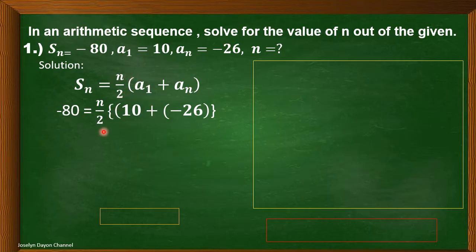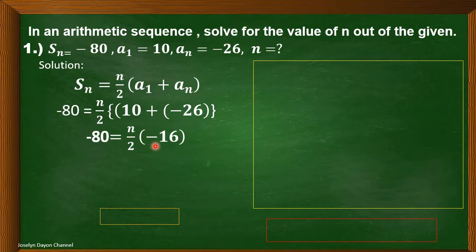Then copy n over 2. Our a sub 1 is 10 plus our a sub n, which is the last term, negative 26. Then just simplify. Copy negative 80, bring down n over 2, and 10 plus negative 26, the answer is negative 16.